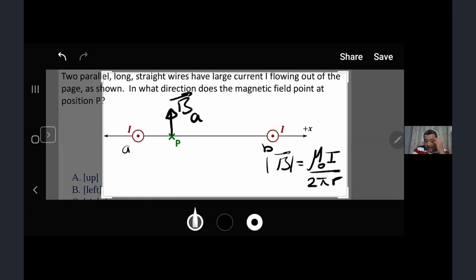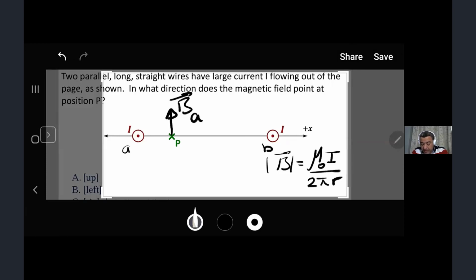Okay, so back to the question, where we said wire A is going to generate a magnetic field that is pointing upward.